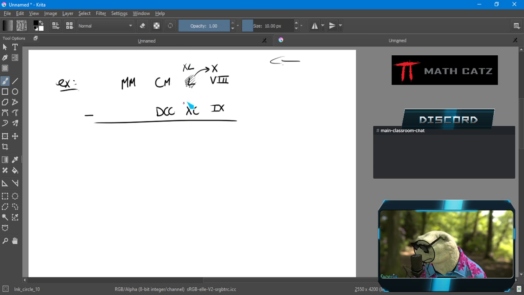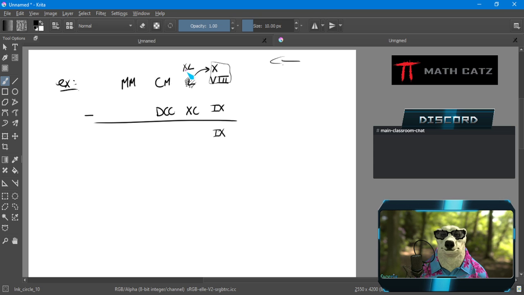And I'll worry about that 40 later. I'm in the ones column. I now have here a 10 and an 8, so I have 18 minus 9, which happens to be another 9. Then I'm done with the ones column, move over to the tens column.